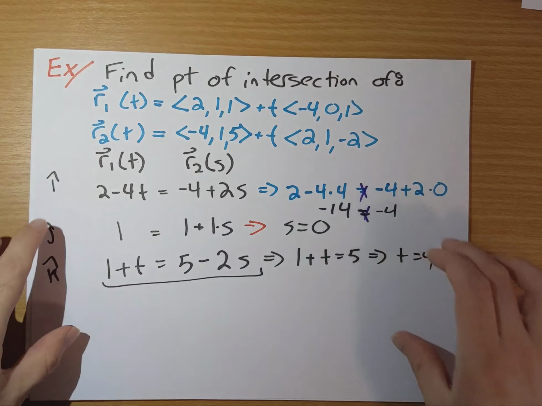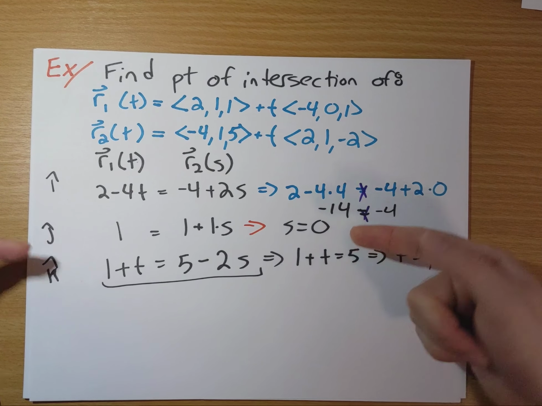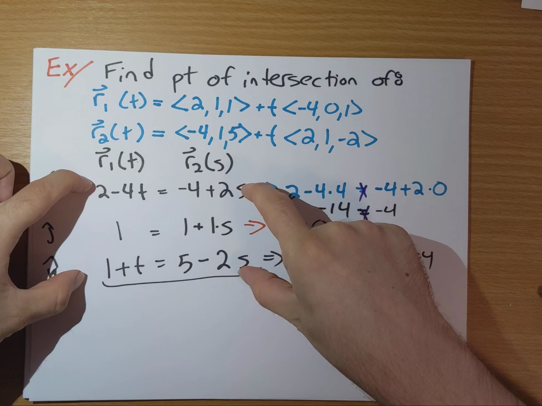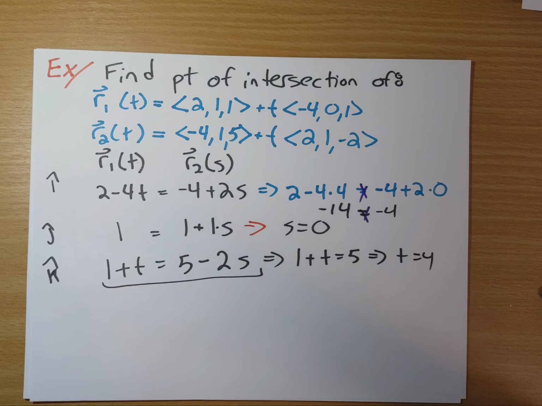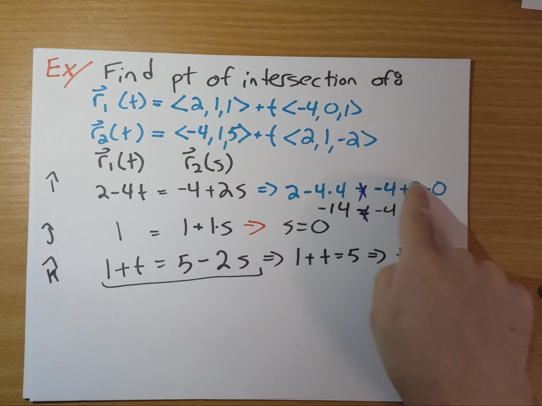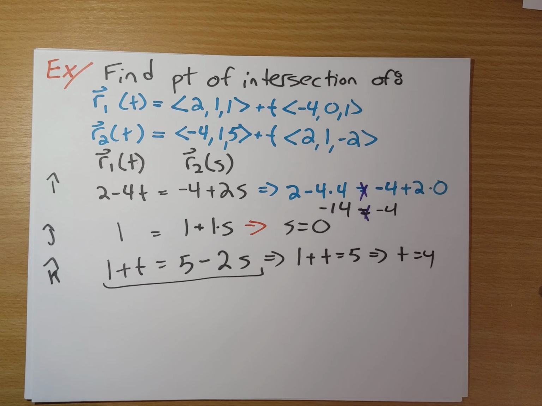So first, there's nothing wrong with our calculations. We didn't botch up anything in here. We wrote down the correct equations. s had to be 0 here, t had to be 4 here. But when we plug in to this I hat equation, it's not checking out. We have what we call an inconsistent system of equations. And why is this?